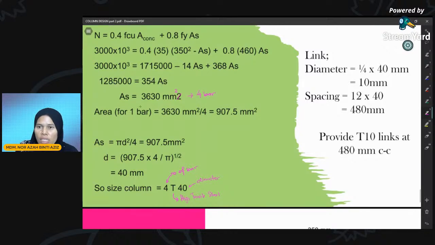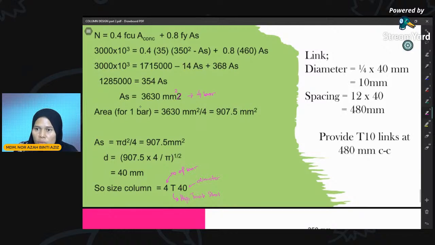The diameter and spacing for link are very easy. We just substitute in the formula: 1/4 times the diameter of main bar, which is 40. So 1/4 times 40, we get 10. The minimum diameter for link is 6, right? So 10 is accepted.